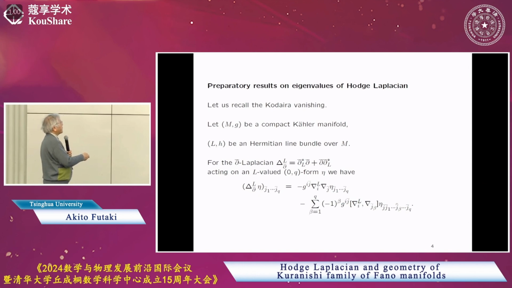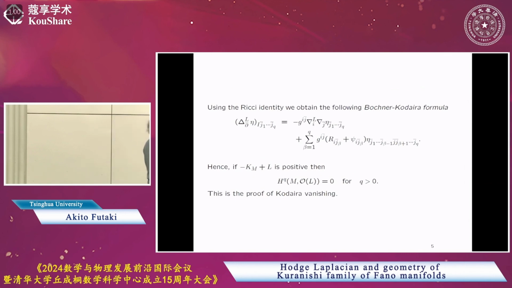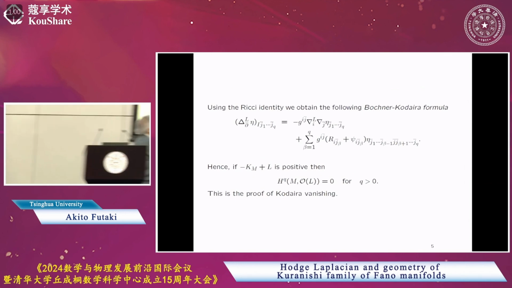So we should have the curvature of the manifold M, where g is the Kähler metric, and the bundle curvature should appear here. So this is the actual formula.